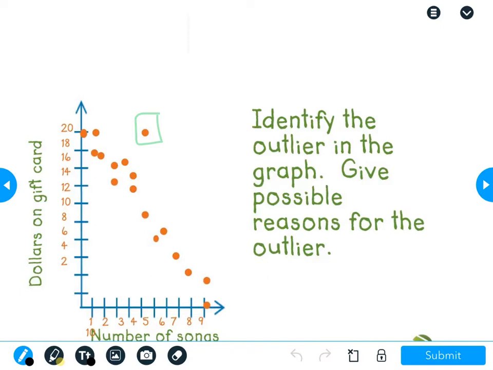So it looks like the more songs you buy on a gift card, the dollar amount on the gift card decreases. But the outlier, maybe that was some sort of sale, like you could get 20 songs, or for $20 you could get 5 songs, and maybe it was a special album or something.